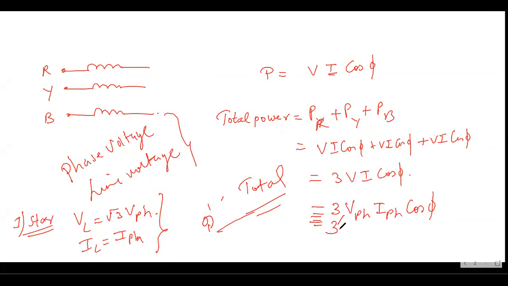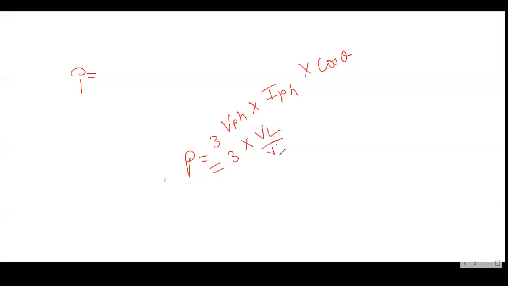So if power is equal to 3 V phase multiplied by I phase into cos theta, I'm saying that this I can write as VL by root 3 into IL into cos theta.